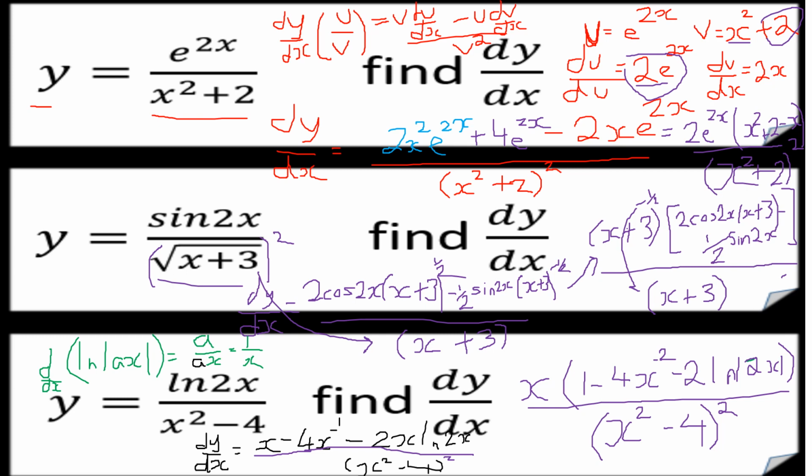So I'll get x plus 3 to the power of 3 halves on the bottom, and my numerator just becomes 2 cos 2x, brackets x plus 3, minus a half sine 2x.